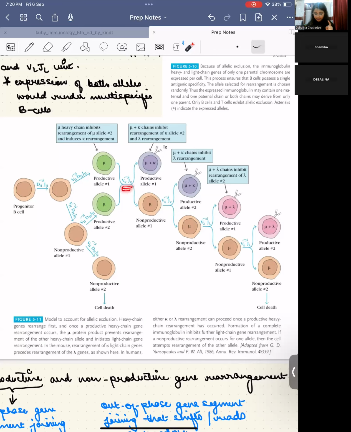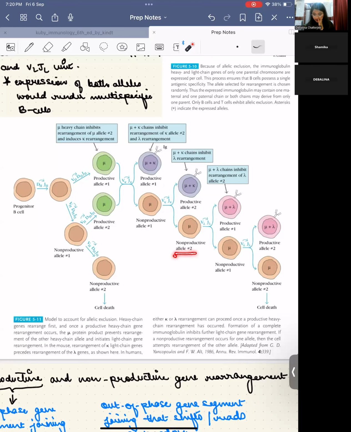So for the kappa region, this line evolved into a productive allele, but if this is non-productive, there is another chance of recombination. If it now gives a productive combination, it is going to get selected, and we have a fully functional antibody molecule on this cell.